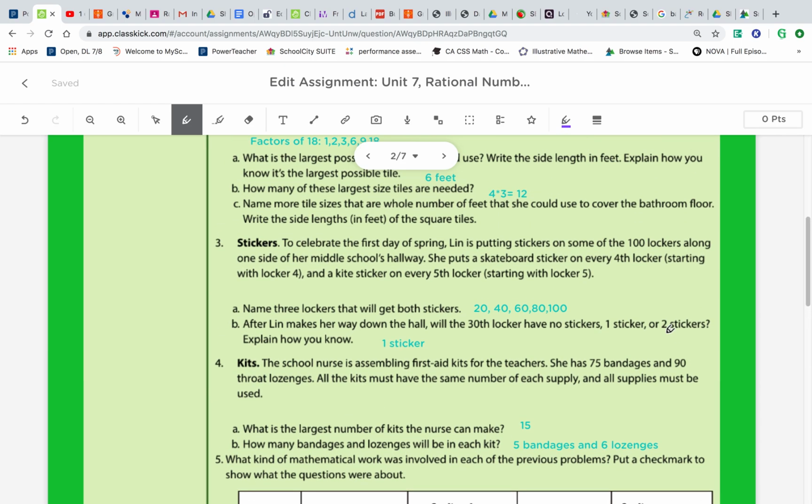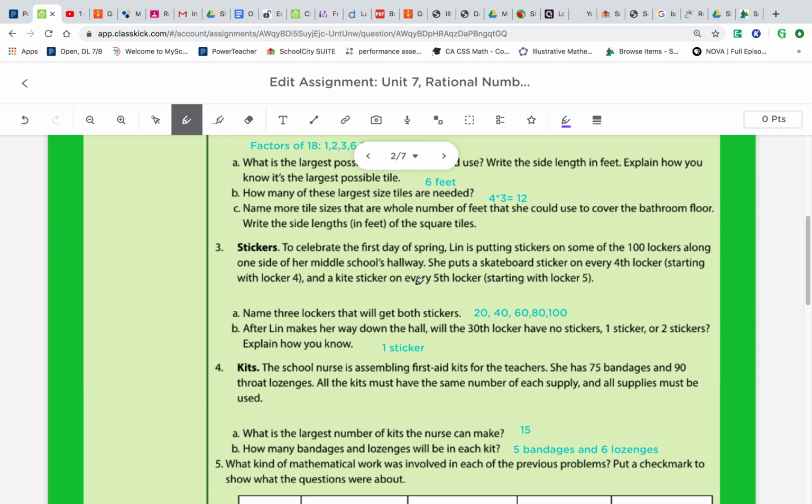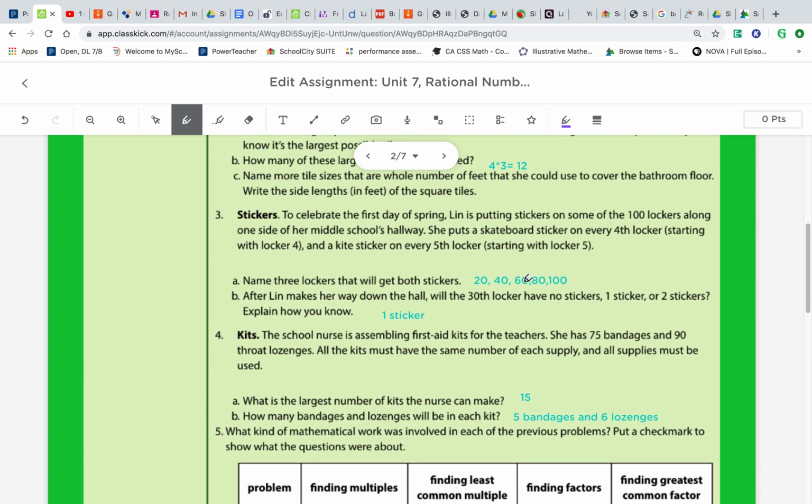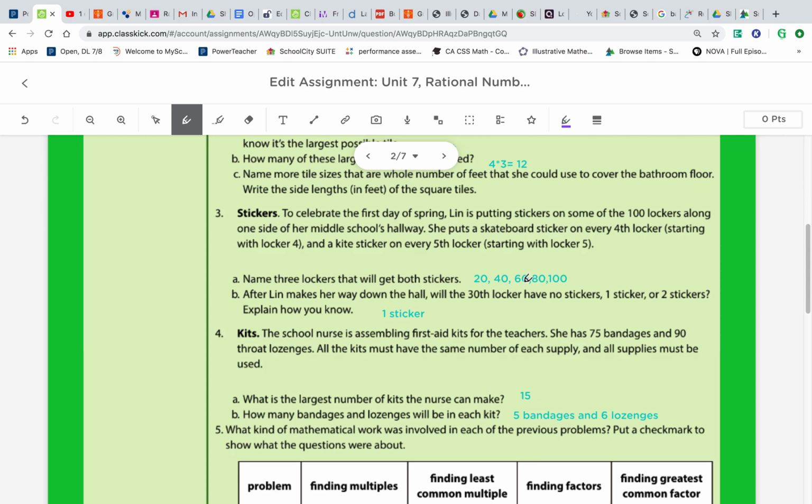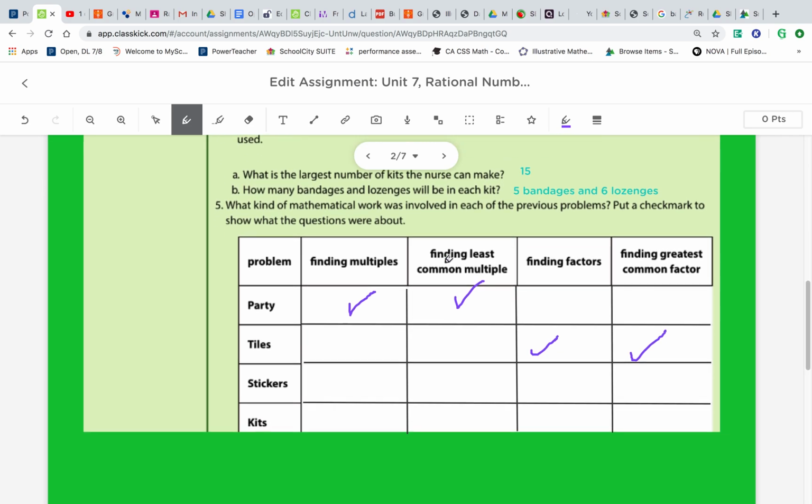All right, for the stickers. Remember it was every 4th locker and every 5th locker, so we had to count by 4s and 5s, which is just another way of saying we were finding the multiples. And so we found the multiples. Let's go ahead and check that off. We used multiples.